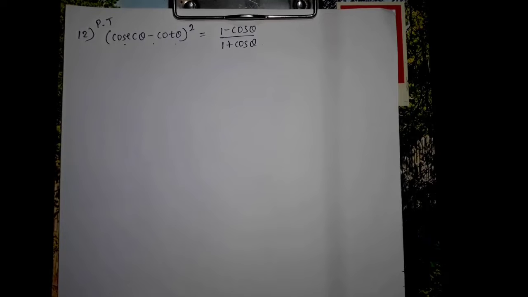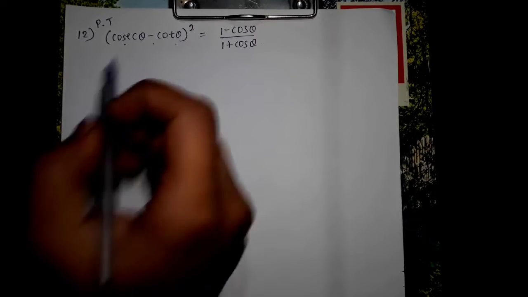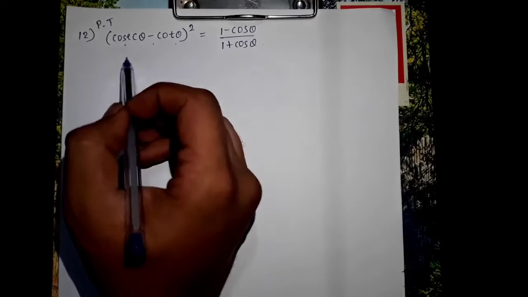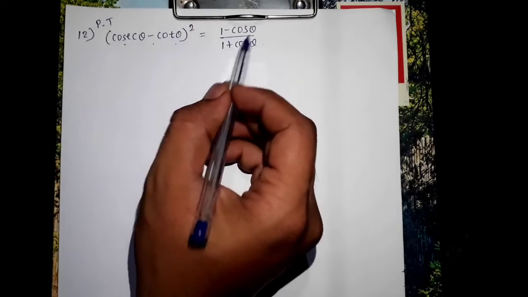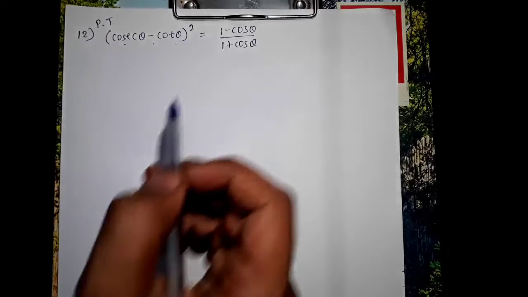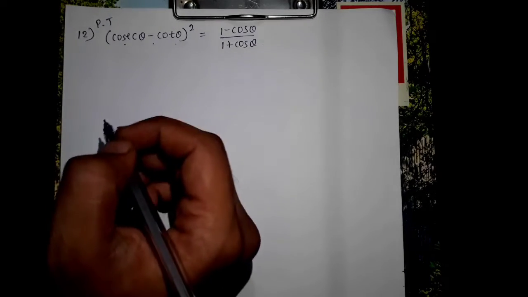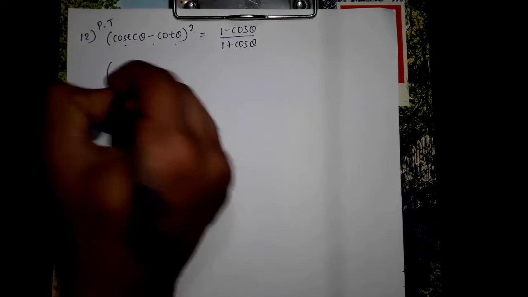Now let us go to the next question, that is question number 12. In question number 12, we have to prove that (cosecθ − cotθ)² is equal to (1 − cosθ) divided by (1 + cosθ). Okay, now we have to simplify this one.